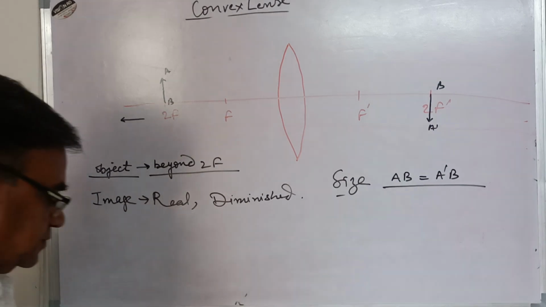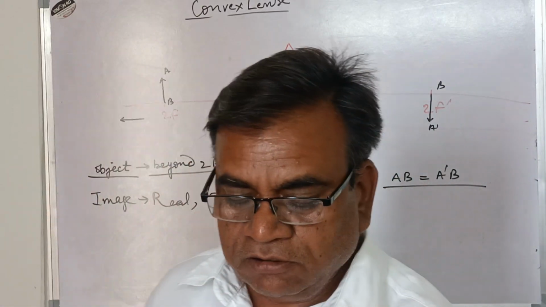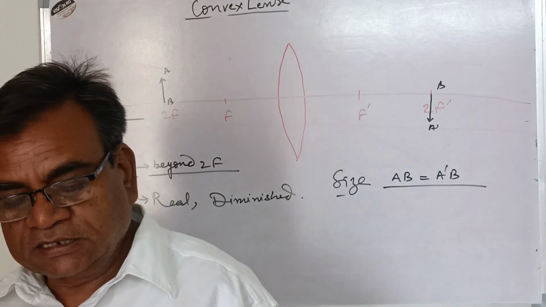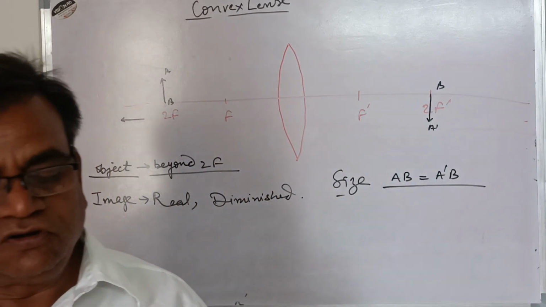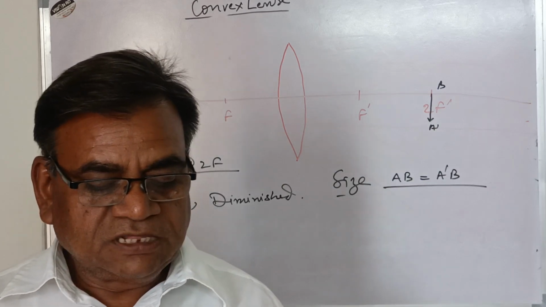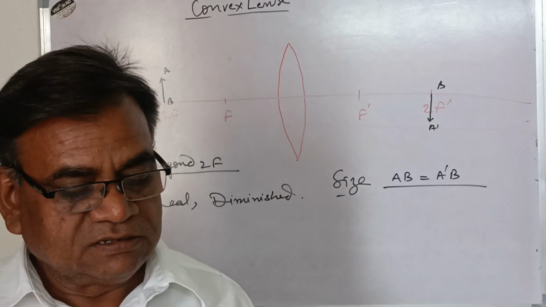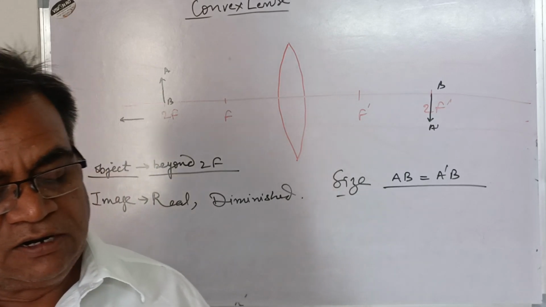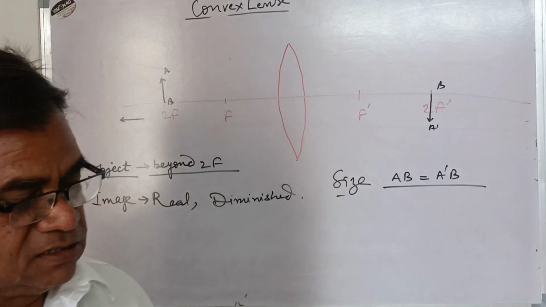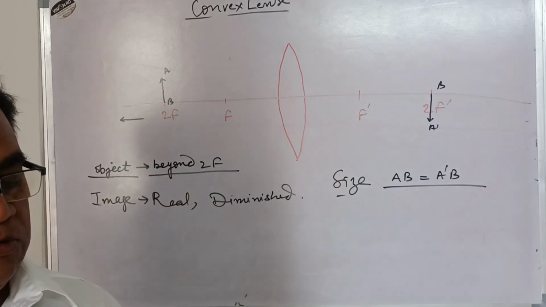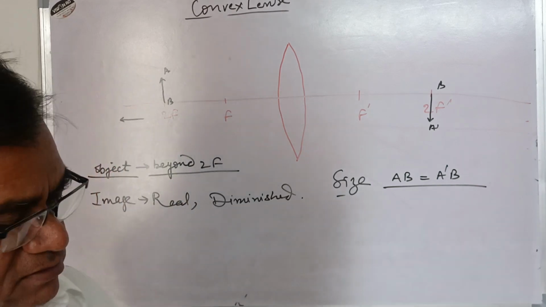Okay. Next question. If an object is at a considerable distance, or infinity, in front of a convex lens, meaning it is very far from the lens, beyond 2f on the left side, let 2f be 20 centimeter, and it is put at 10 meter.